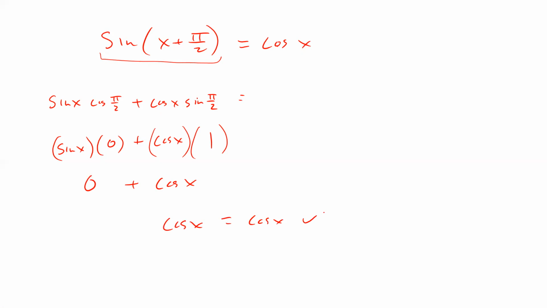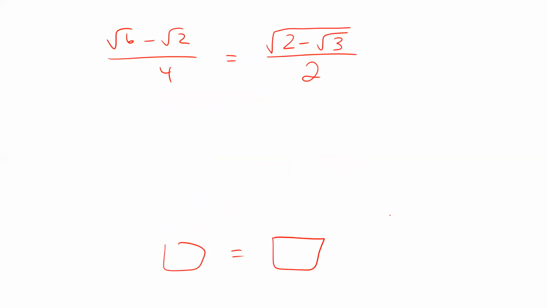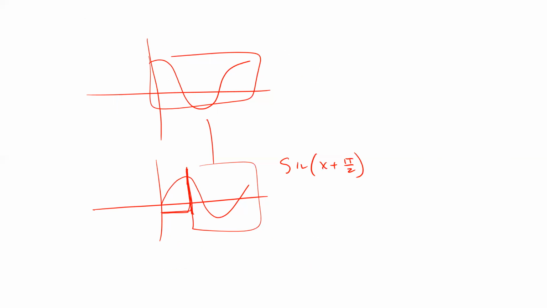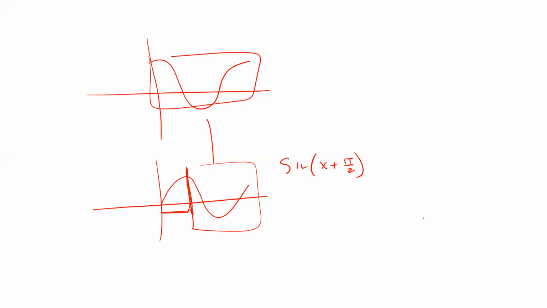So what's the difference between looking at it on a graph and saying, hey, if we just scoot it over by pi over 2, it looks like cosine, as opposed to this right here? I don't know, Mr. G, what is it?